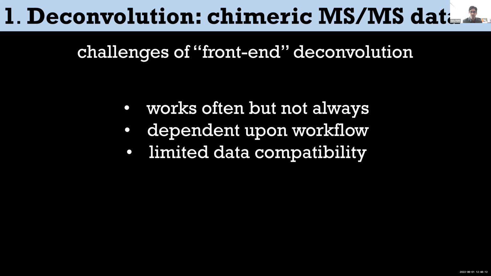Or, for example, if your precursors are really close to one another and you don't slide your MS isolation windows the appropriate amounts, you may not get disparities between the different experiments that allow you to deconvolve. So it's very dependent upon the workflow.